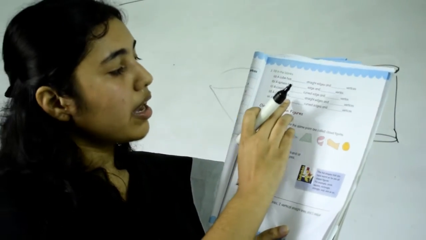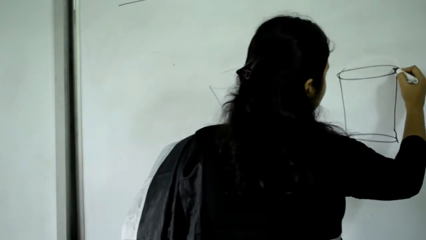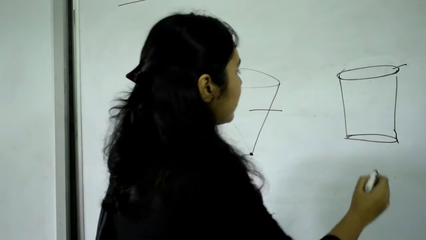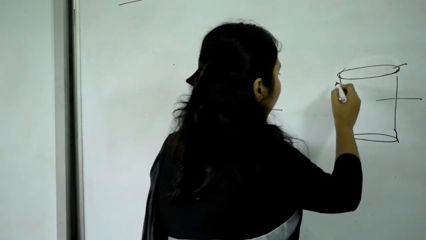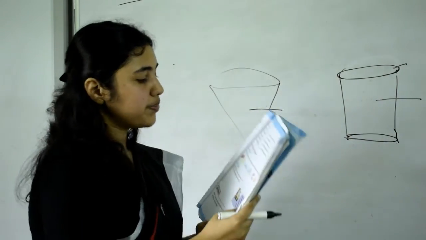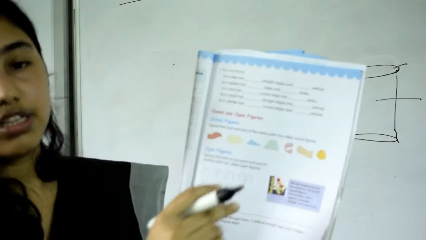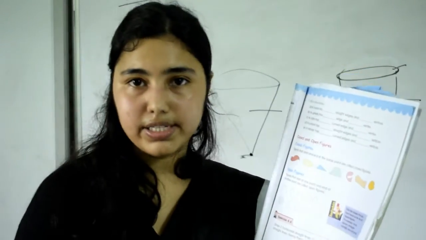Next, a cylinder has dash curved edges and dash vertices. If this is a cylinder, then this is the curved surface of this cylinder, and a cylinder has no vertex, which means a cylinder has two curved edges and zero vertices.